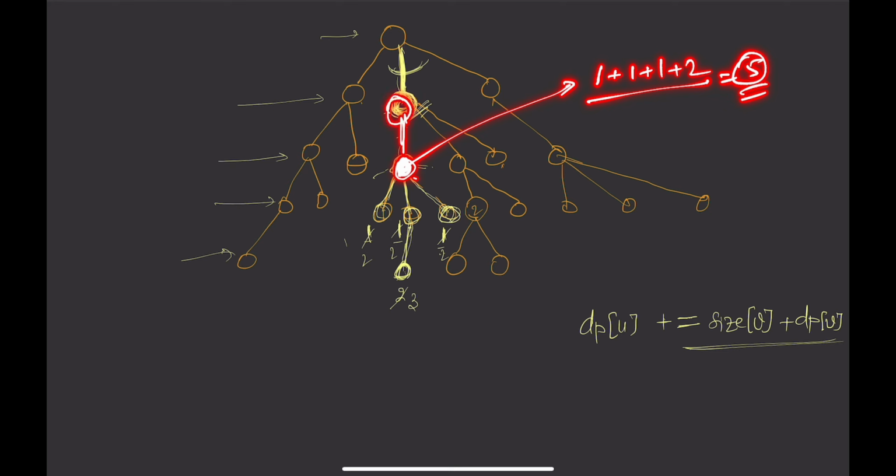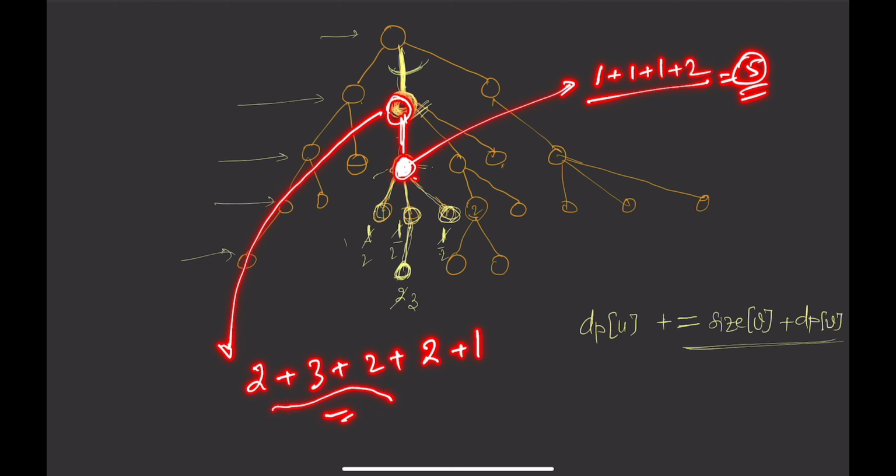What is the dp value of this node? It is 1 plus 1. So the first leaf node is 2, the second leaf node is 3, the third leaf node is 2, then 2, then 1, which is 3 plus 2 is 5, 7, 9, 10.